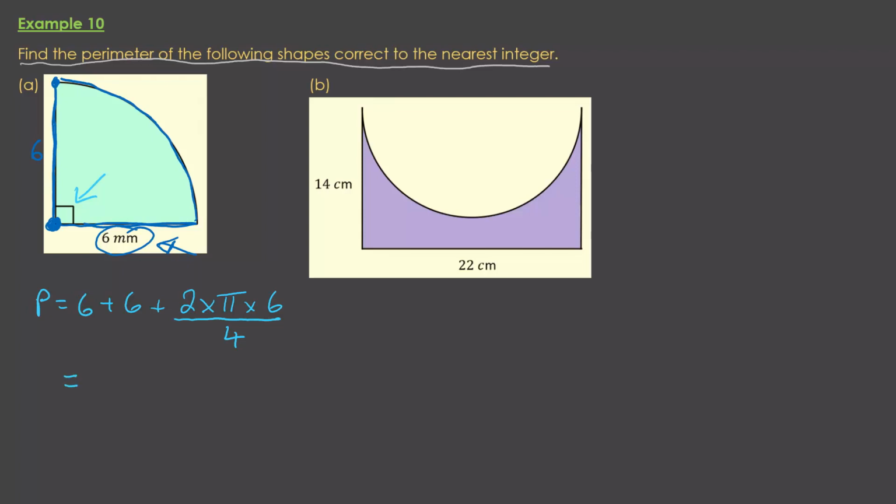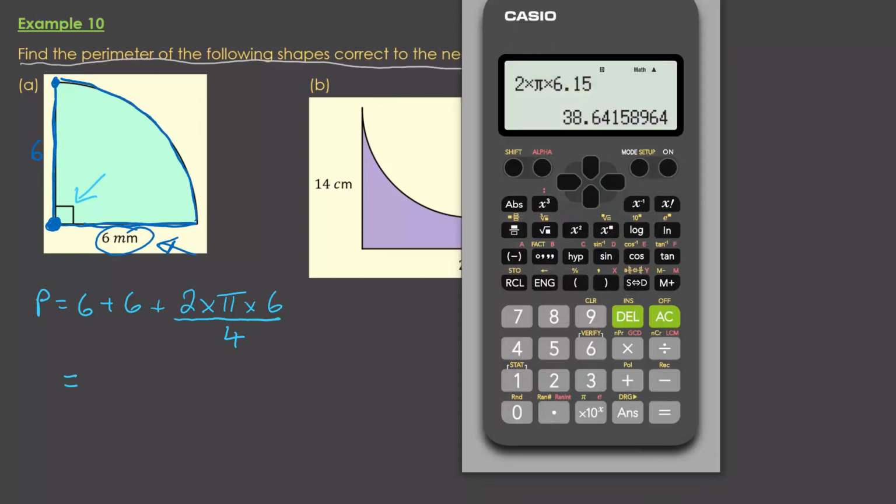Now, we can calculate that, and my suggestion is to do it all in one go. 6 plus 6 plus 2 times pi times 6 divided by 4.